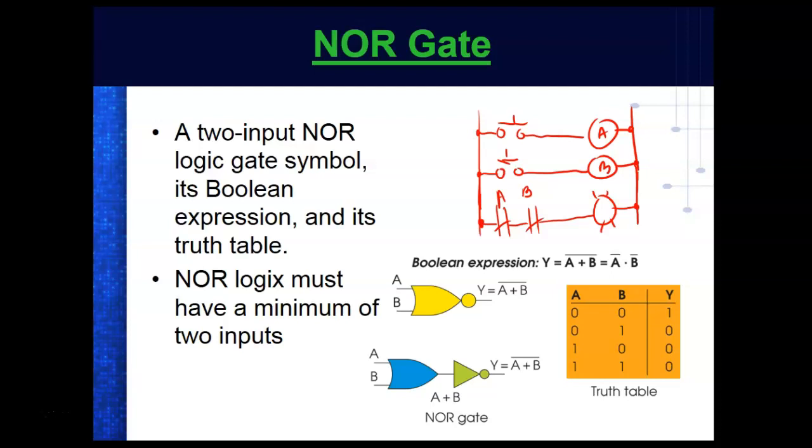Normally open contacts in parallel is an OR. Normally open contacts in series is an AND. And a normally closed contact by itself is a NOT. So a NOT is only one contact, right? You understand that? So this is not two NOTs.